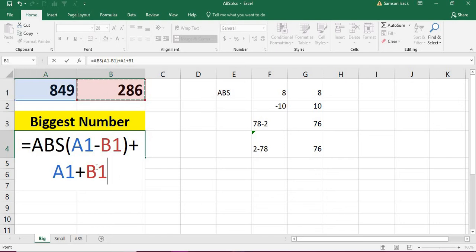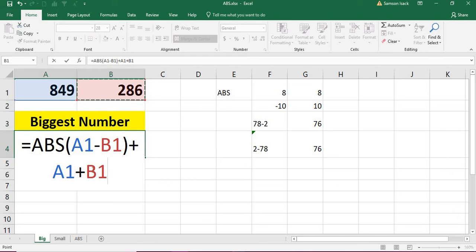A minus B is the difference. So if A is bigger and B is smaller, then you add this difference to B, and you get 2 times the biggest number.